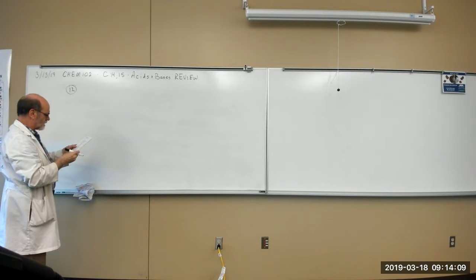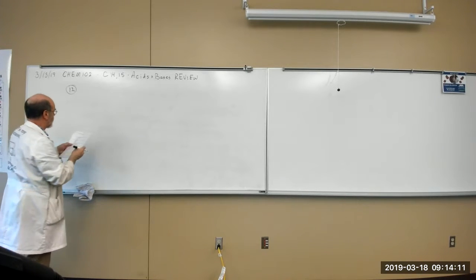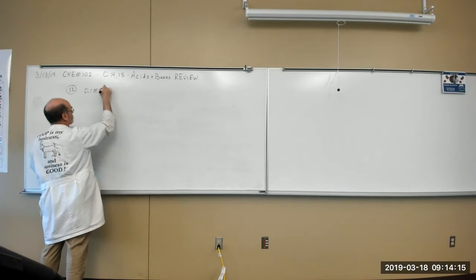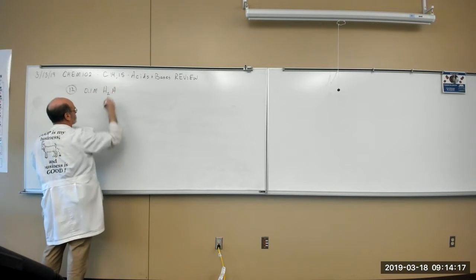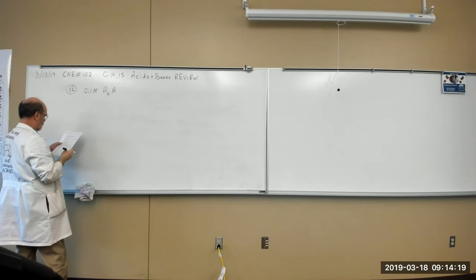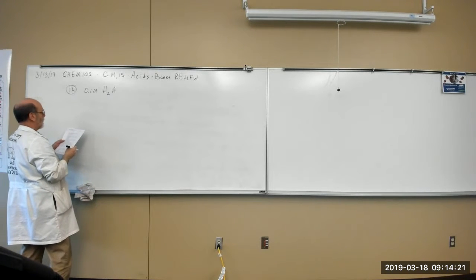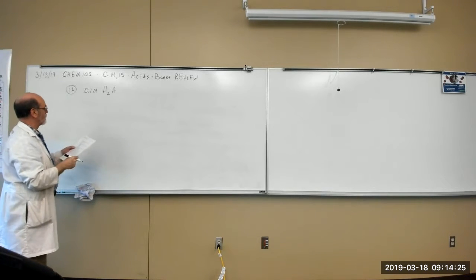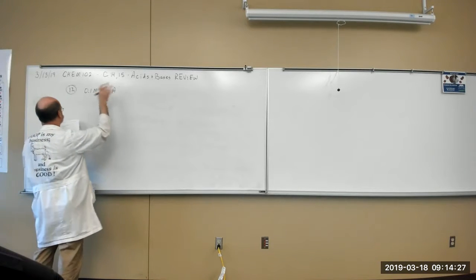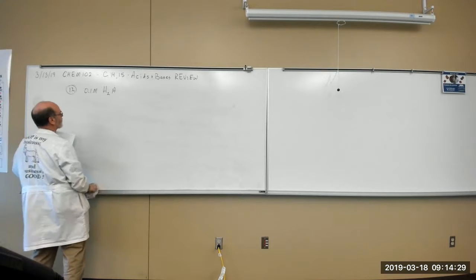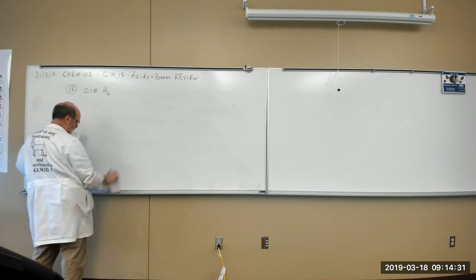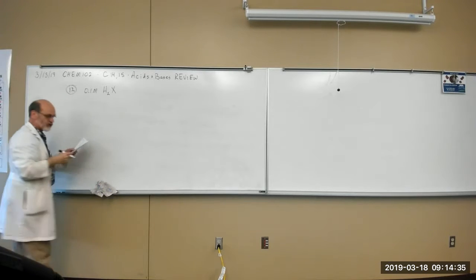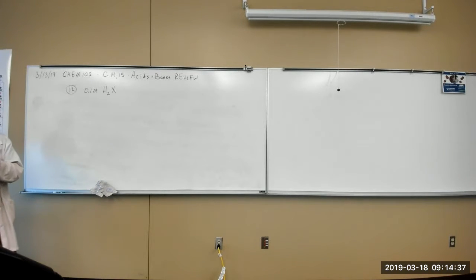So if you have a 0.1 molar diprotic acid, so it's got 2 protons available. They're called A, B, C, D, whatever. That product's even associated twice. Diprotic, it has 2 protons, right? 2 hydrogens are available for dissociation.